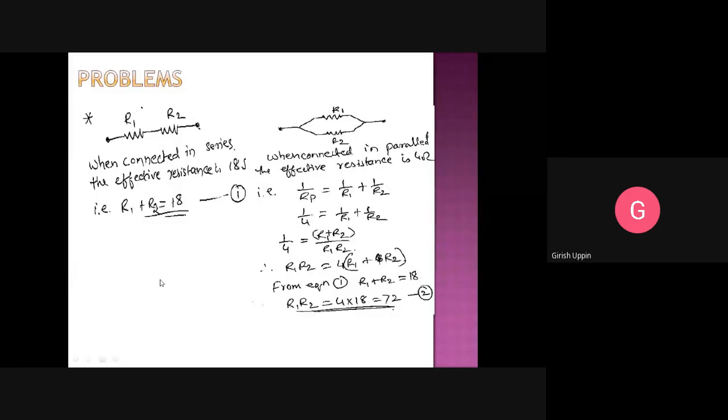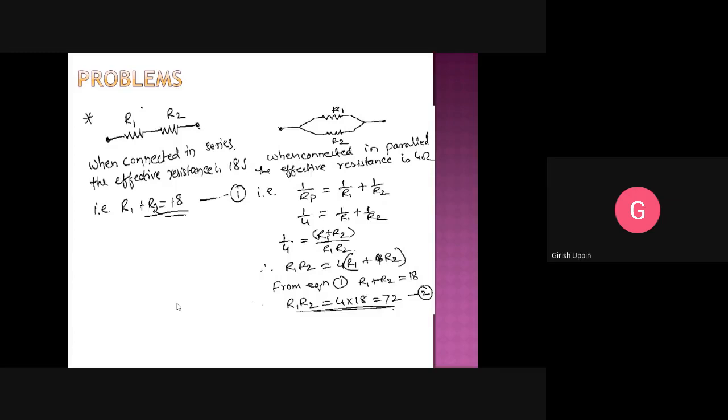The common mistake is that in a parallel calculation, they start perfectly: 1 by RP is equal to 1 by R1 plus 1 by R2. They keep on calculating, and at the end, instead of saying 1 by RP is equal to whatever value they get, they directly say RP is equal to that value.